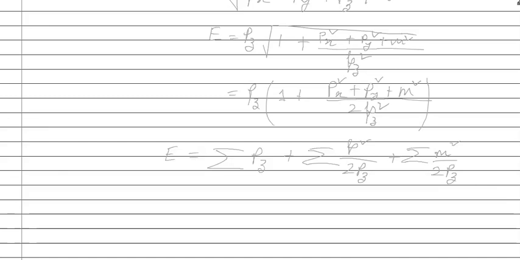Little p stands for p_x and p_y. So little p squared over twice big P_z plus m squared over twice big P_z.